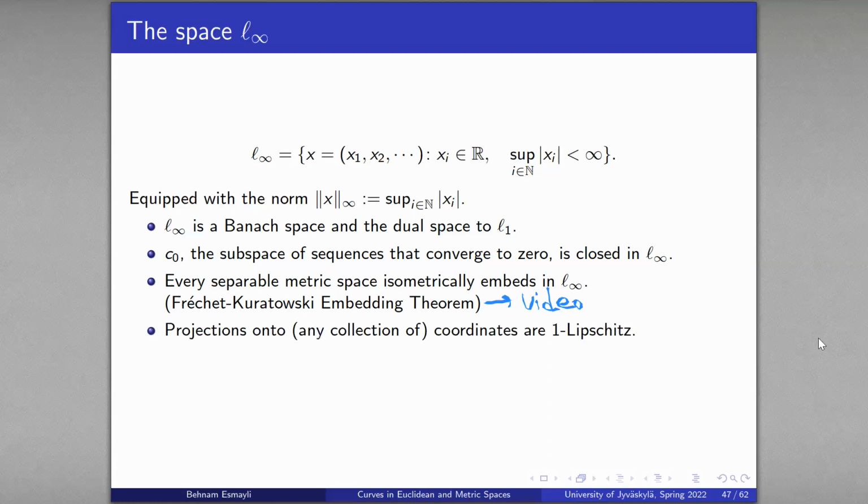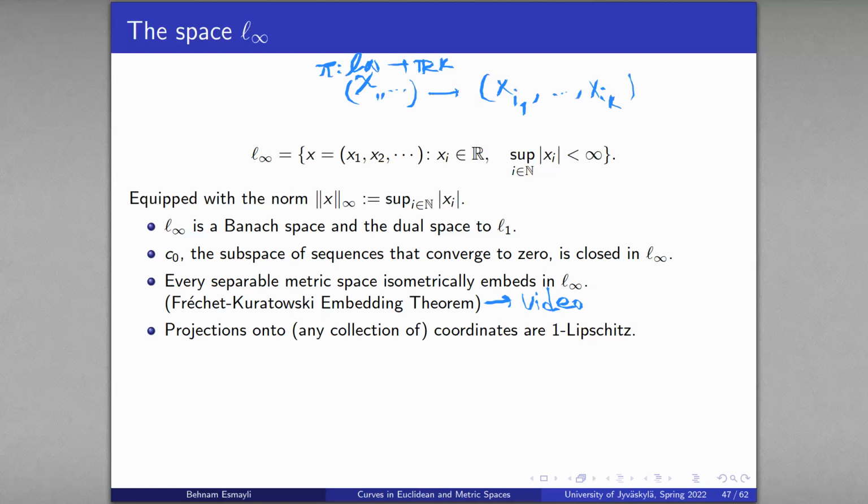And then projections onto coordinates are one Lipschitz. So here, by projections, I mean, say, pi is a map which goes from L infinity into R^k, and (x1, x2, ...) maps to a choice of k many of these coordinates, xi1 up to xik. Maybe you pick the first k, which will be x1, x2 until xk.